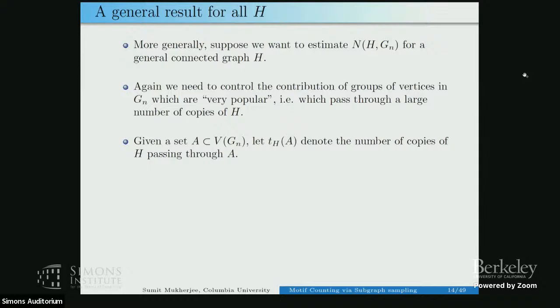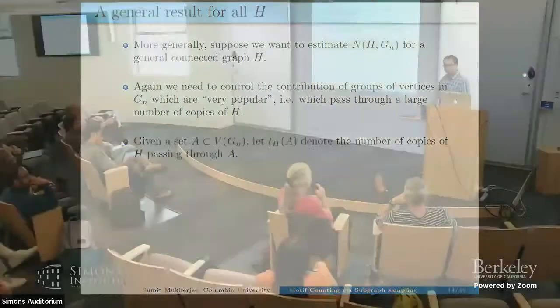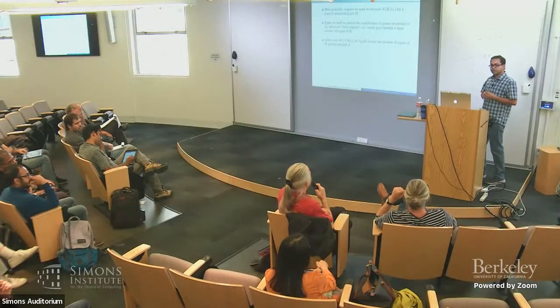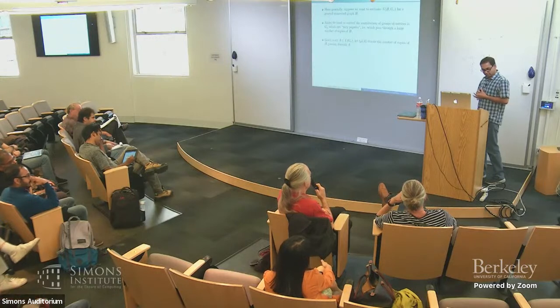So 1 and 3 are given to you. It's the number of triangles passing through them, the number of triangles that contain the vertices 1 and 3. It is the number of copies of H whose vertex set contains A.